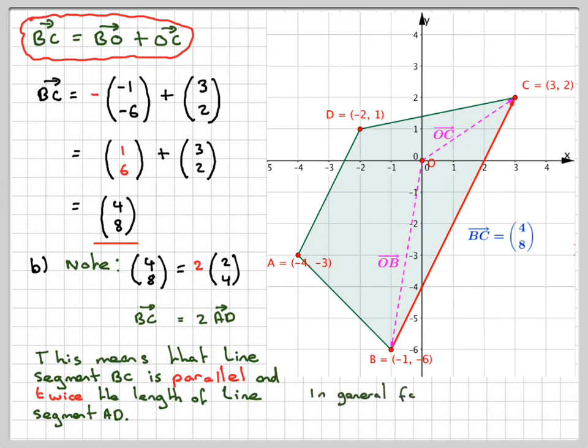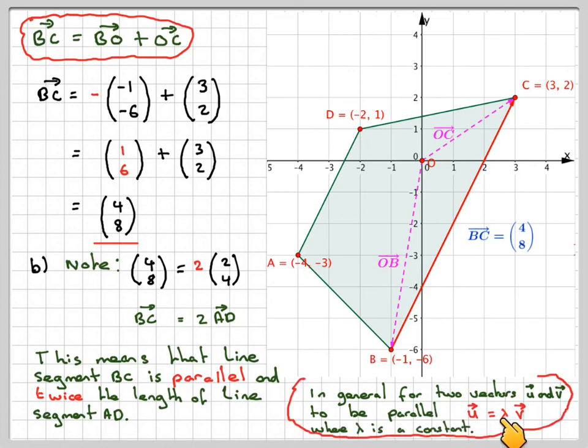In general, for 2 vectors u and v to be parallel, if u is equal to some scalar number, a constant, times v, then the 2 vectors are parallel. And if the number is 2, then one is twice the length of the other. If the number is 3, one is 3 times the length of the other. If it is 1.5, then one is 1.5 times the length of the other. This is what it tells us.